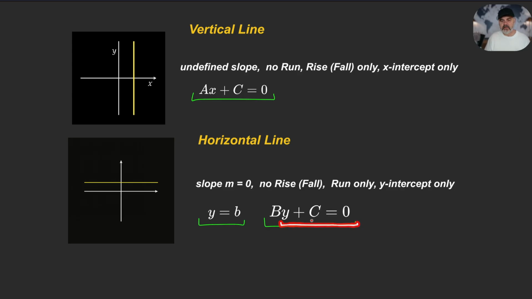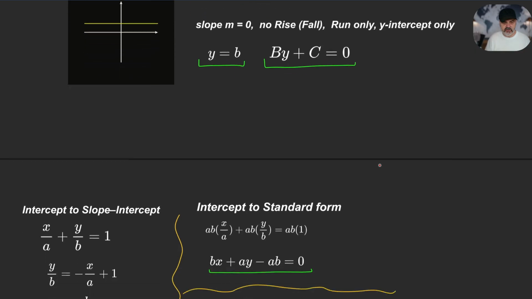Each time b and c change their value, y will be uniquely identified. So this is the specific case for linear equations. Two of them are not necessarily linear functions. In fact, a vertical line is not a function, while a horizontal line is a linear function. That's the major difference.